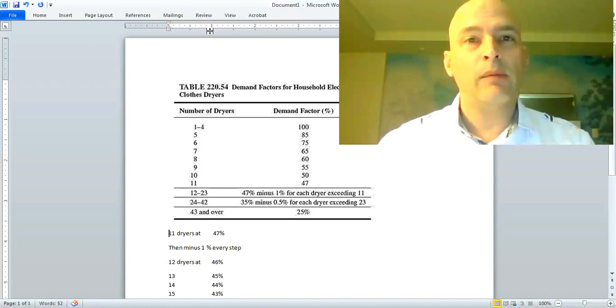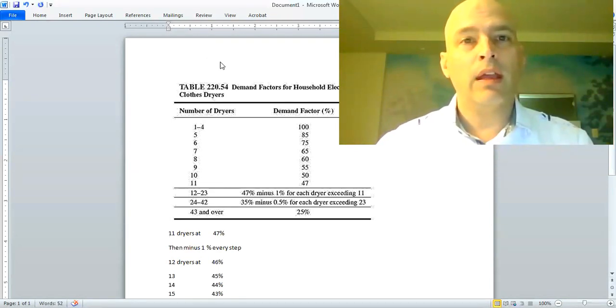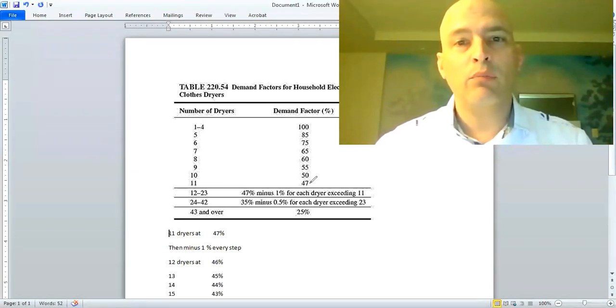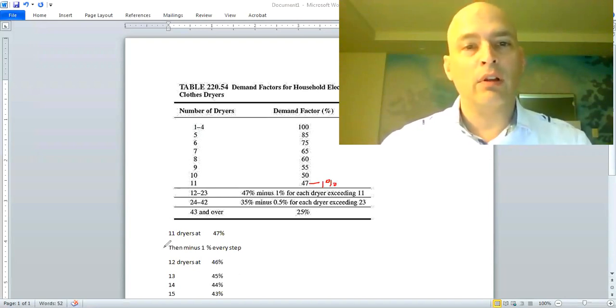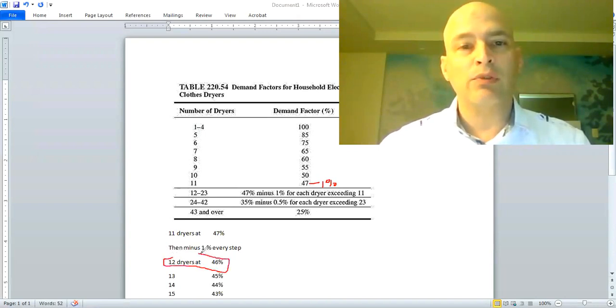So for example, I'm looking at row 47 here, and I've got 47% minus 1% if I had a 12th dryer. So it makes sense that if you look down here at this little type that I've got, the 12th dryer would be rated at 46%. I'm going to take 1% for each dryer that exceeds 11.